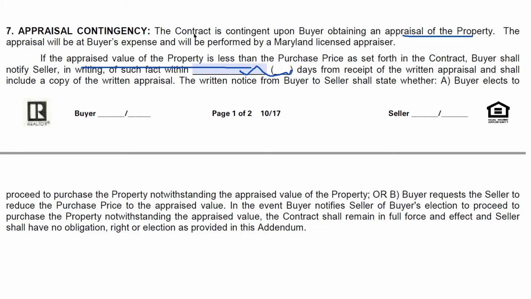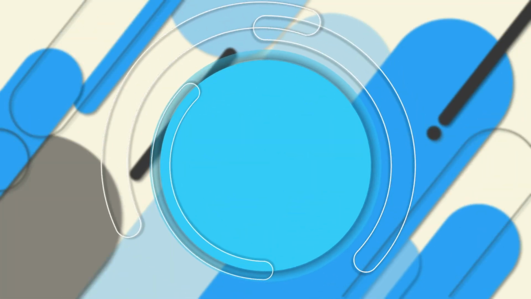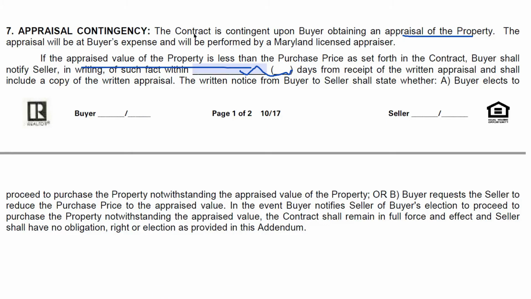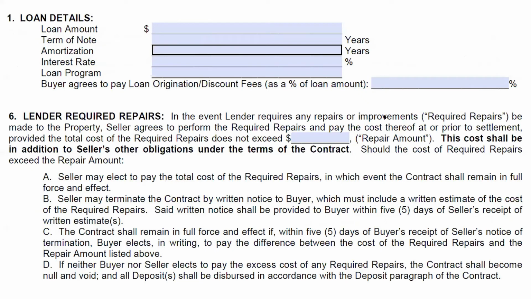This conversation ties well with any requested lender repairs as well. So there are times when the lender will not give the money because the appraiser said that there are certain things that need to be fixed. So in the addenda, whether it's the conventional one or FHA or even VA, there's usually going to be a spot that talks about lender required repairs.